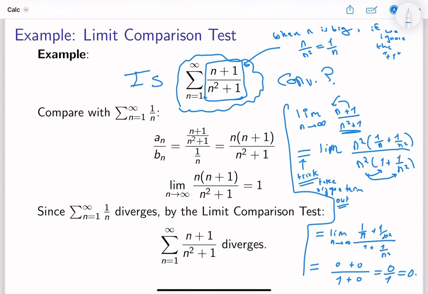So this should tell you that this series behaves similarly to 1 over n. But this is not enough.